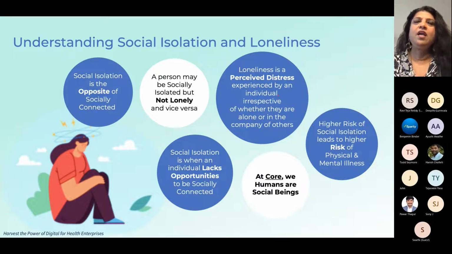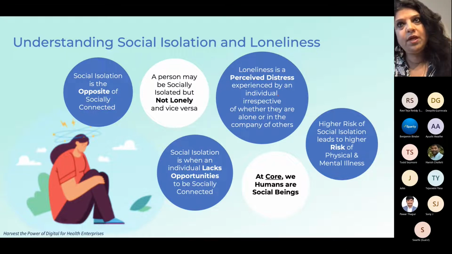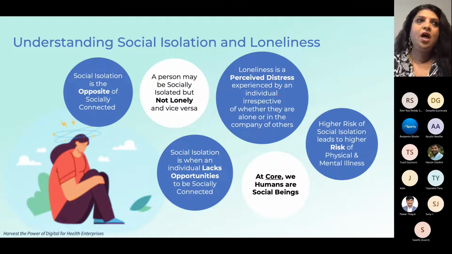So it can be a result of something that is imposed on you that has made you become socially isolated. It could also be because of a mental health condition. Maybe you're very depressed and you really don't like being around people. Maybe you're a very anxious person. It could be a number of things.